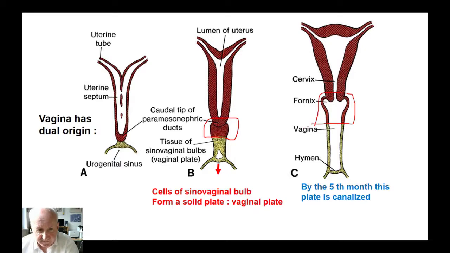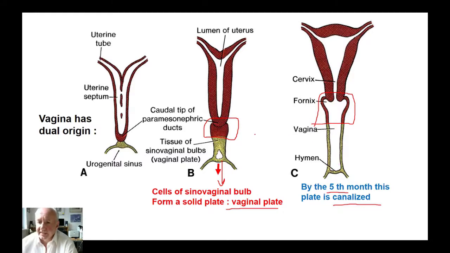And now the rest. These cells of the sinovaginal bulb are growing caudally, forming a longer vaginal plate. In this vaginal plate, you can see first cavities, connecting cavities. So it's completely canalized around the 5th month. And here is the ready vagina.